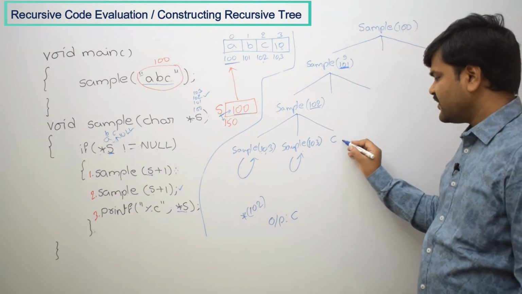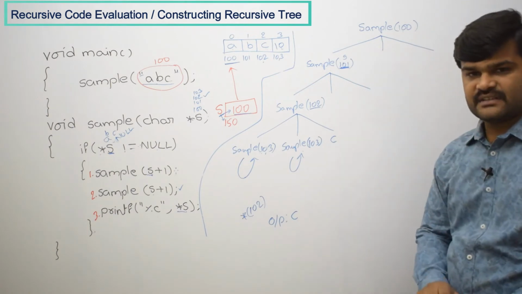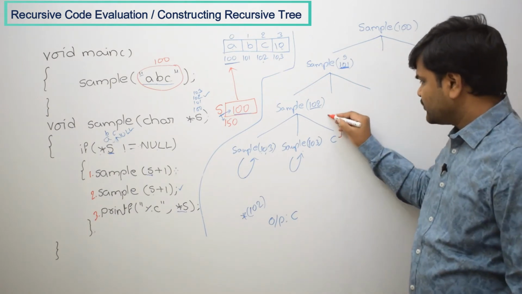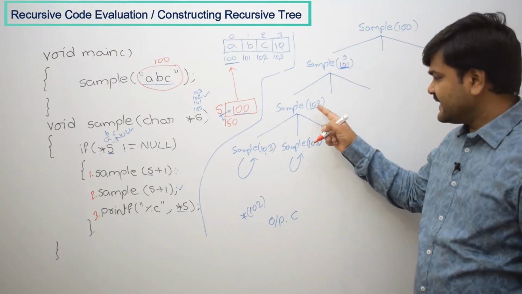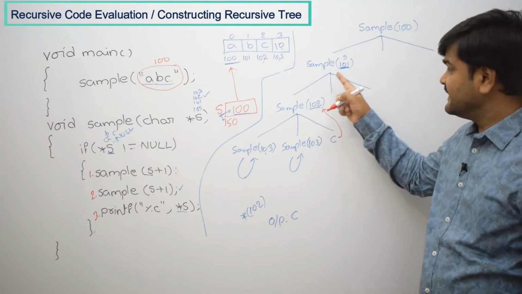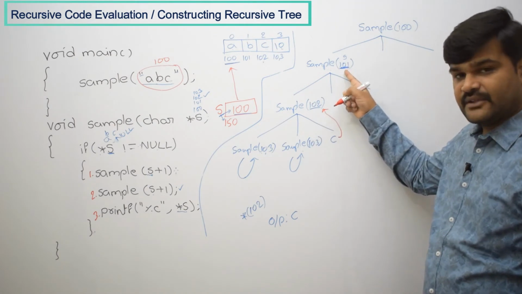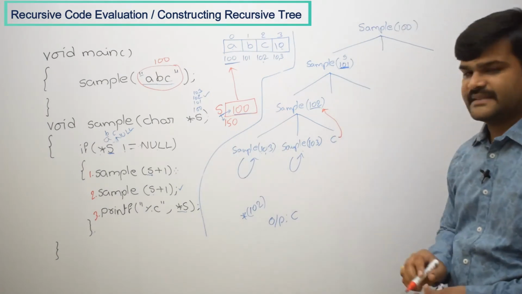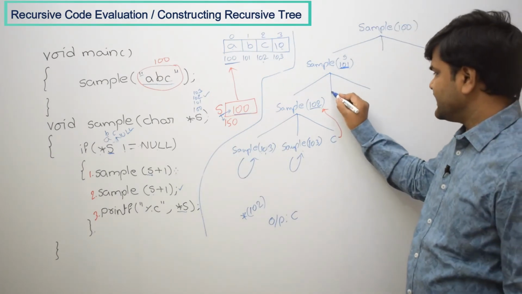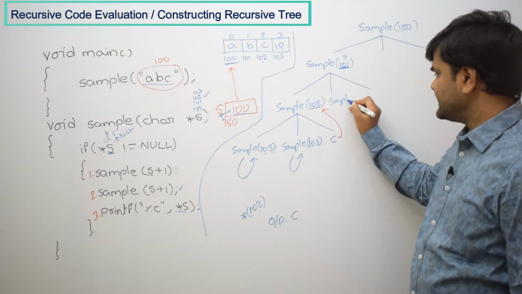Where it is called, here it is called. So it is coming back to here. That means you are here, and with 101 S value, the first statement is completed. So go to the second statement. The second statement is the same thing, right?